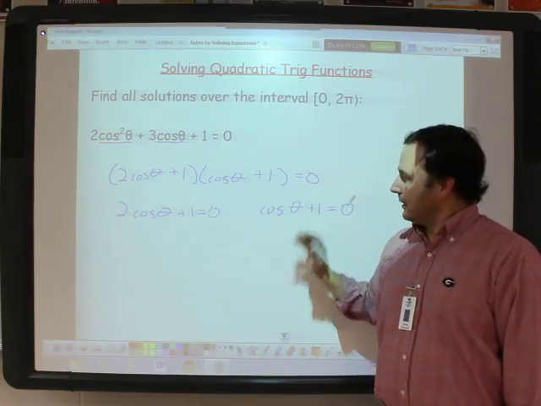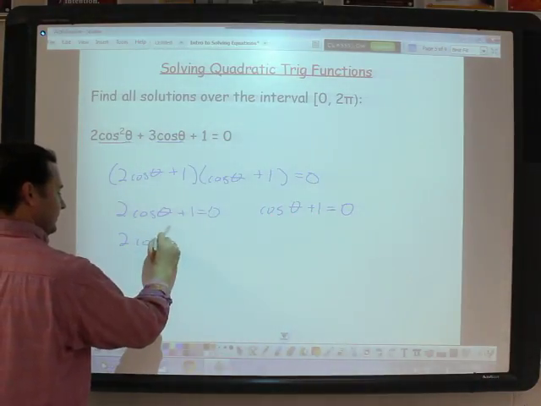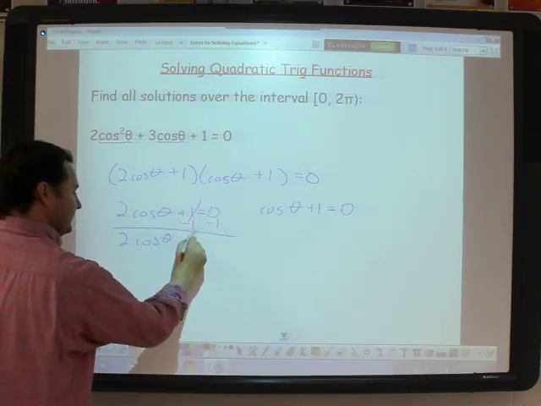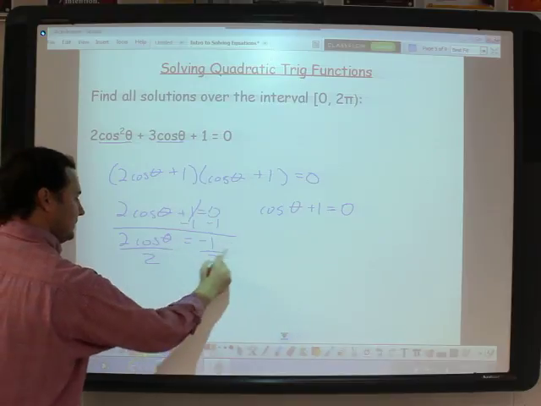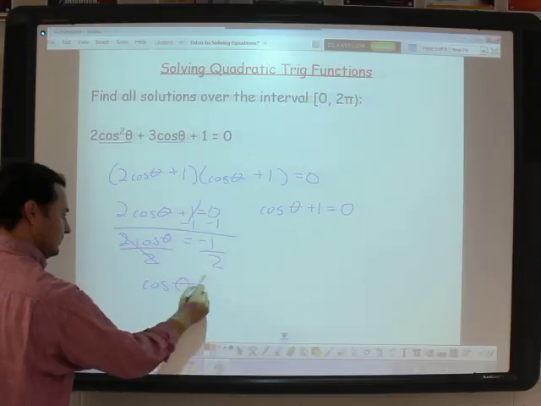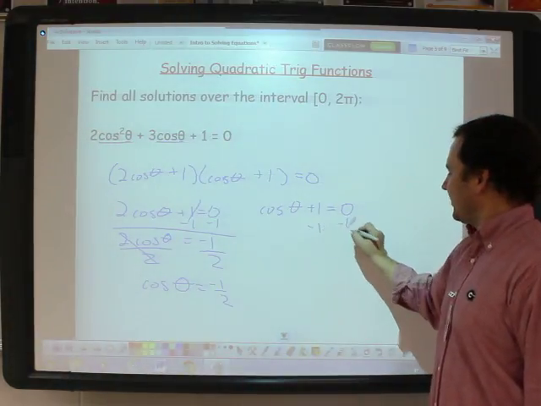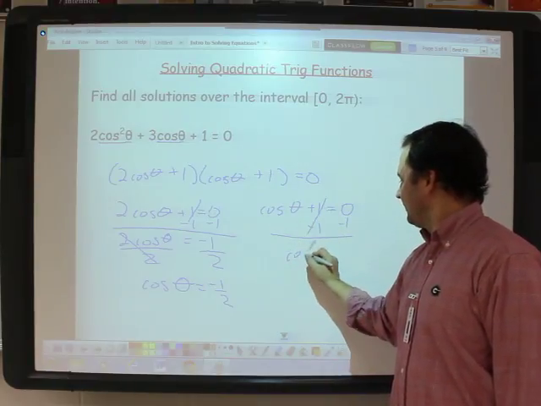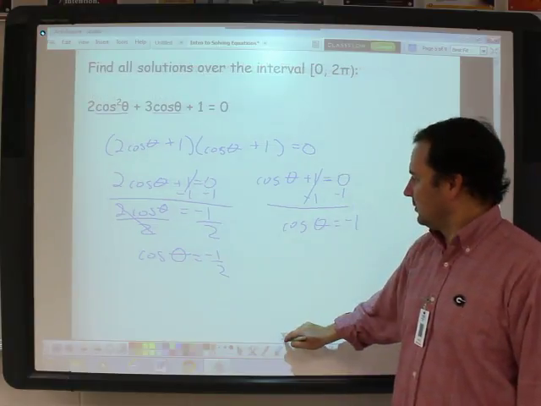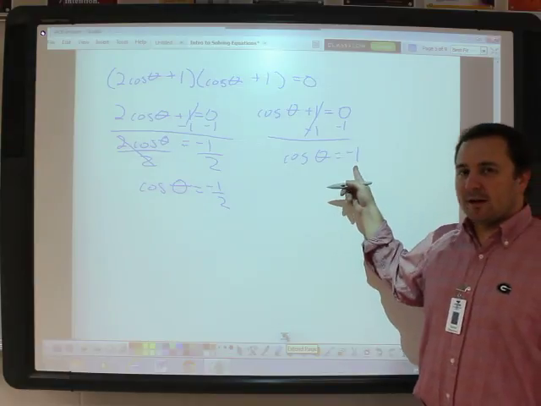So each factor can be set equal to 0. We solve each one. We subtract 1 from each side. Divide by 2. And over here, we'll subtract 1 from each side. So I need an angle where cosine is -1/2 and where cosine is -1.